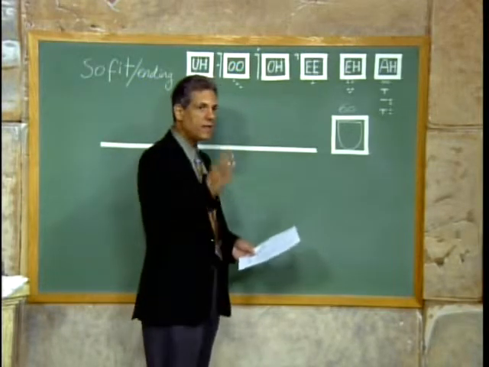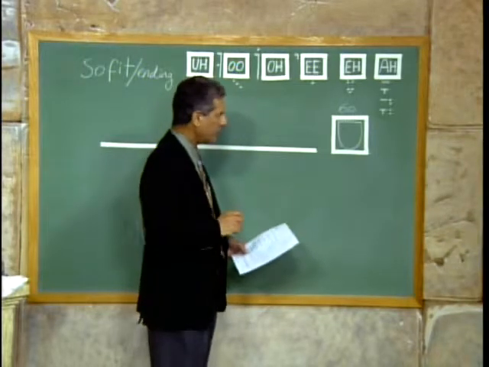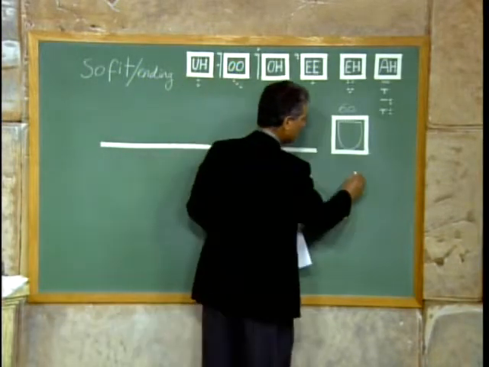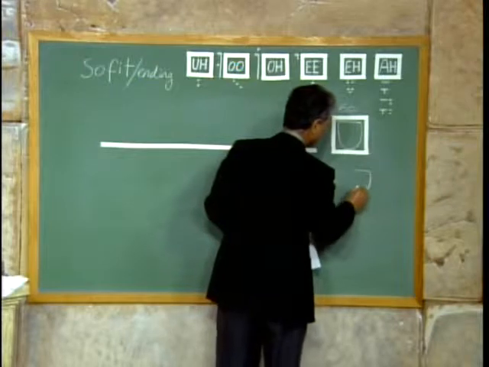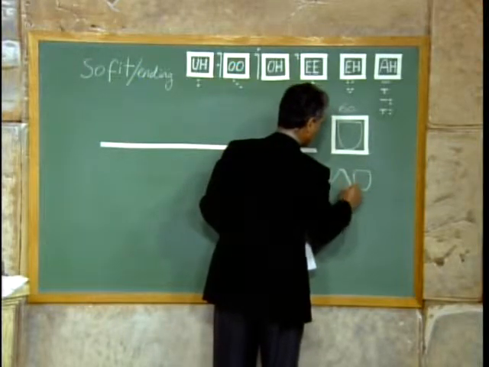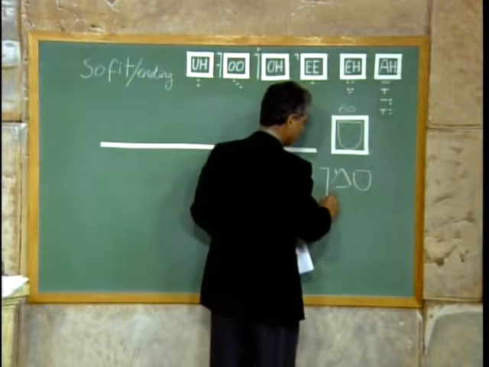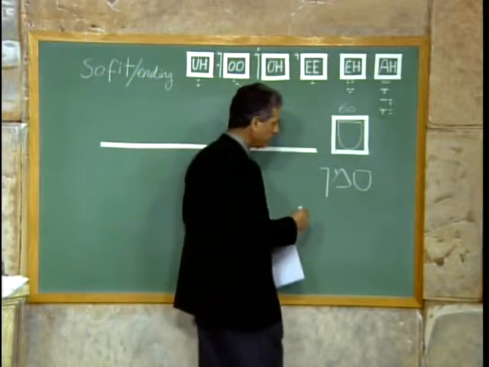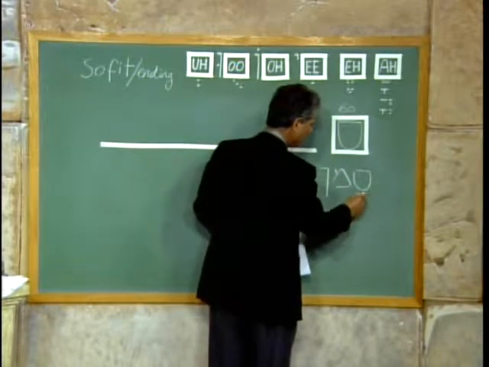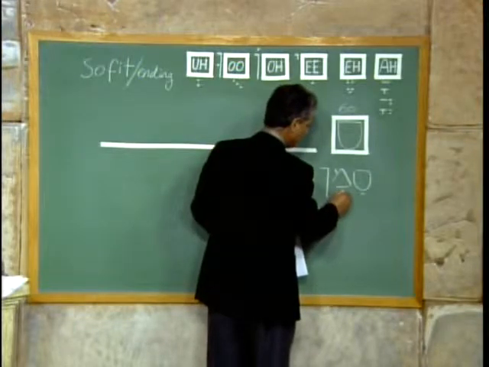First of all, the name of the letter itself. What does it mean? Here is the name, Samech: Samech, Mem, and a Kaf. In this case, it's a Kaf Sofit. We have an A sound and an A sound.